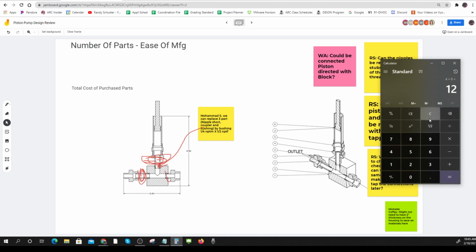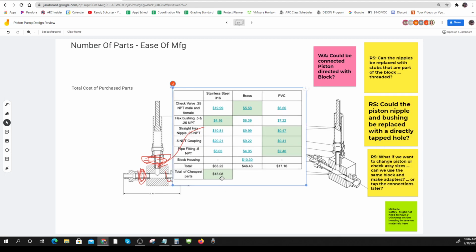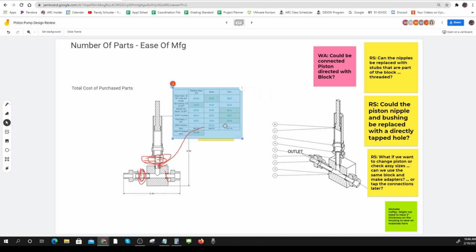The bushing was about 6. Coupler was about 5. And that other nipple was about 3. Anybody got the number? 13 to 63, depending on what we do, right? Okay. And so I'm going to say it's about $25. There we go. Cool.